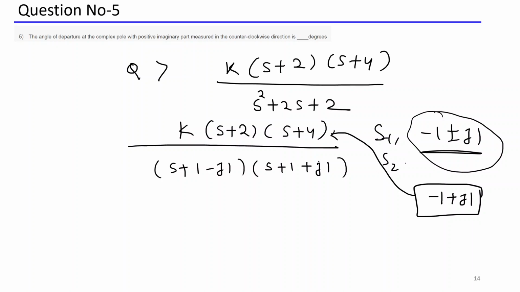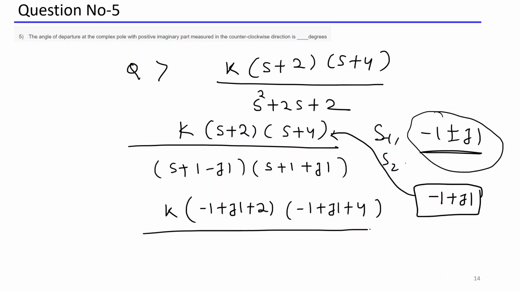This pole you put at all the s points. So I'm putting here minus 1 plus j1 plus 2, minus 1 plus j1 plus 4, and here minus 1 plus j1 plus 1 plus j1.